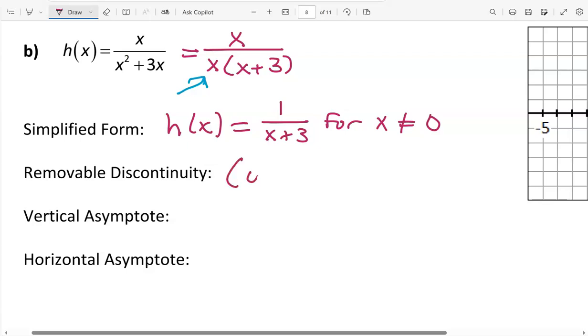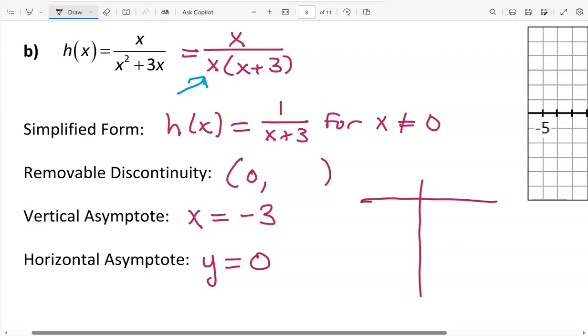So that means we'll have a removable discontinuity when x is equal to 0, and since our denominator of x plus 3 is intact, we'll have a vertical asymptote of x equals -3. Since there's no translation upward, y equals 0 is the horizontal asymptote.